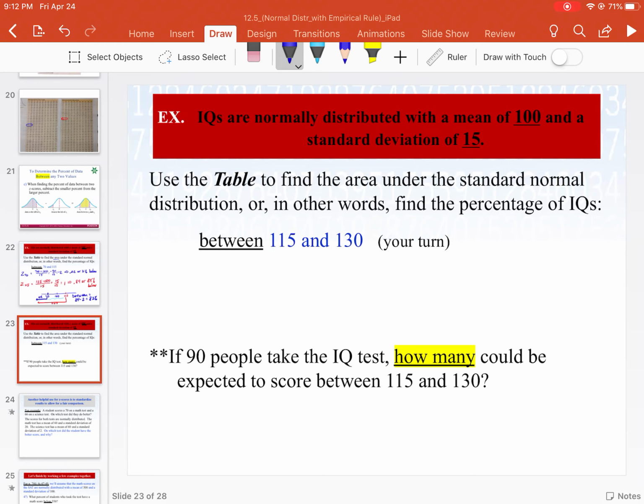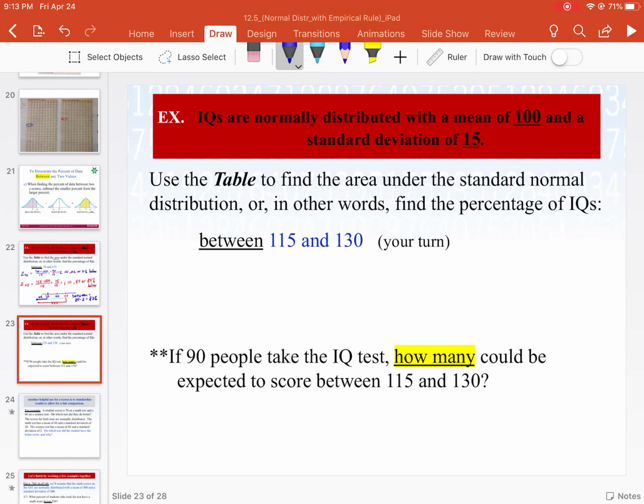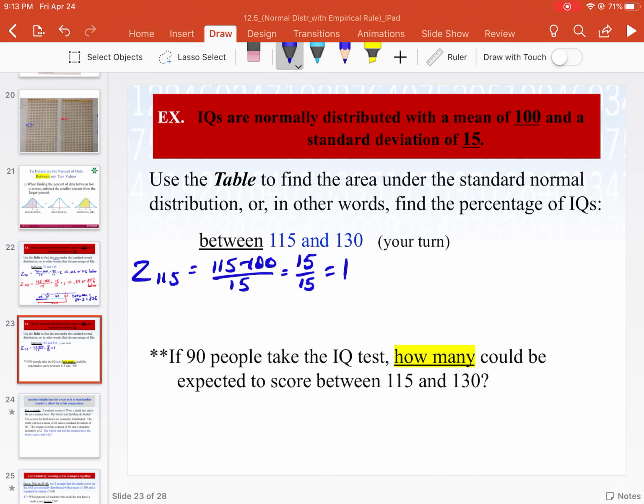So I've got to go ahead and find the z-scores for each one. Oh, we just did 115. So that was 84%. So I'm just going to copy that.